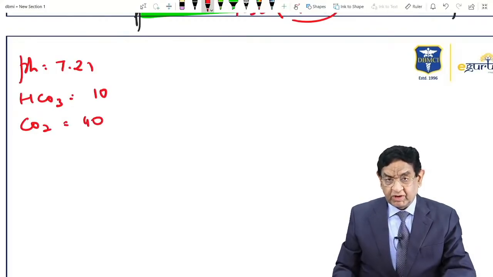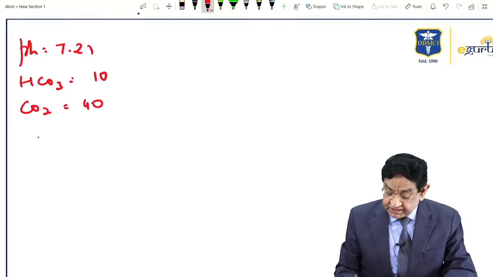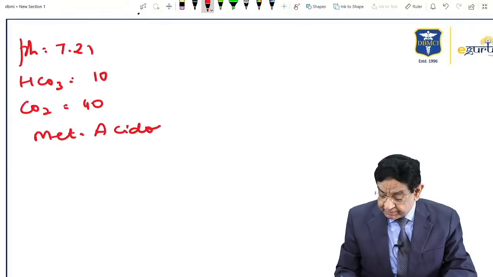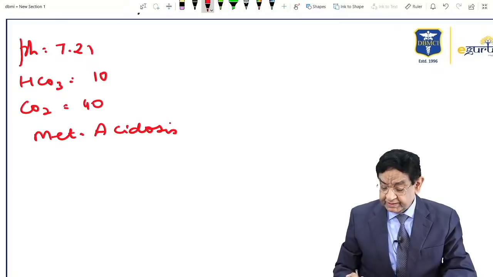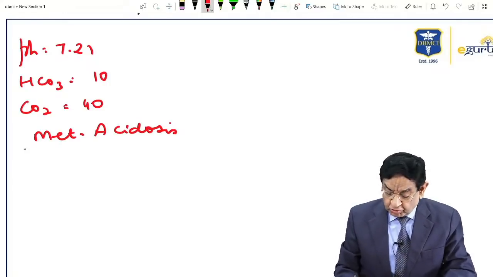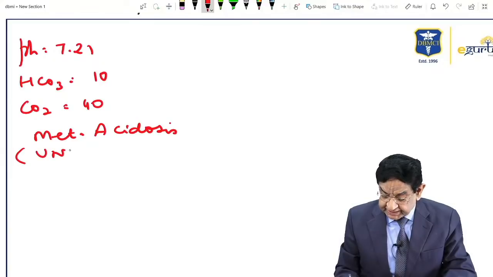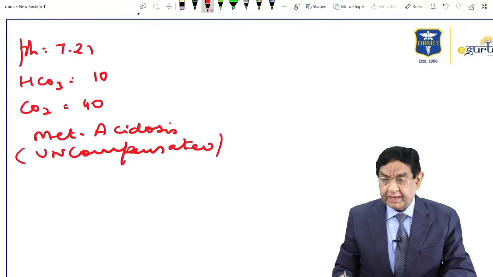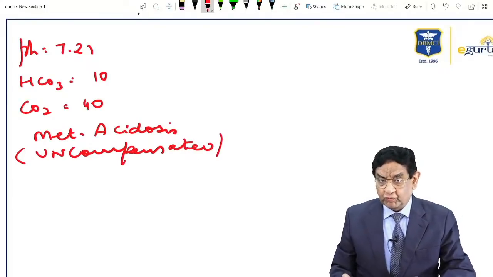So what we call this is metabolic acidosis. Okay, this is a case of metabolic acidosis, and we also call it uncompensated. Uncompensated metabolic acidosis. Why? I'm going to discuss in a minute.